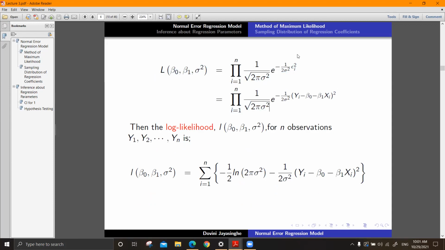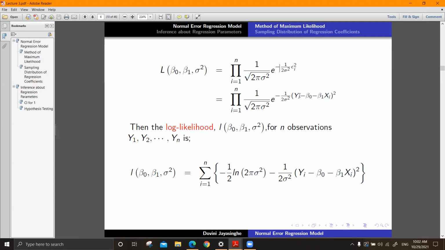We start from here. If you can't remember, just recall. You get the product over all the observations that you have. You put the PDF here, right? And this is the variable, actually, the error term. So you substitute this part on behalf of error.